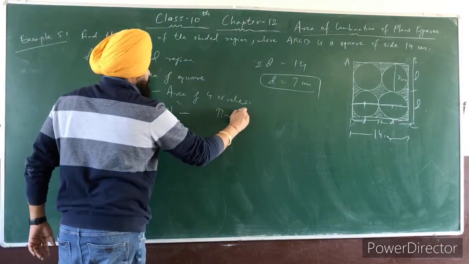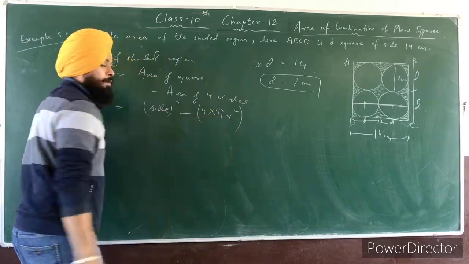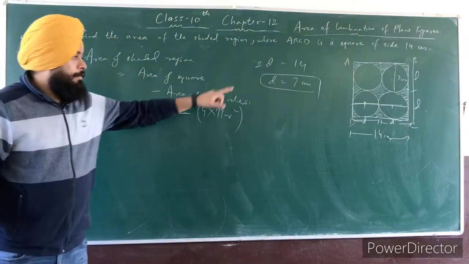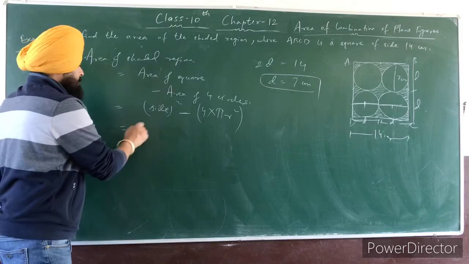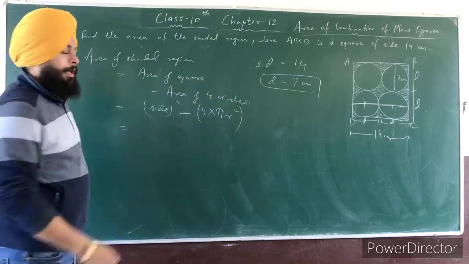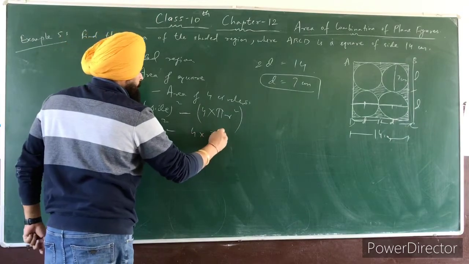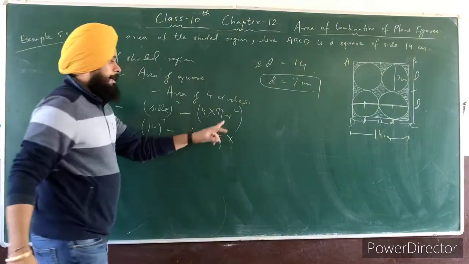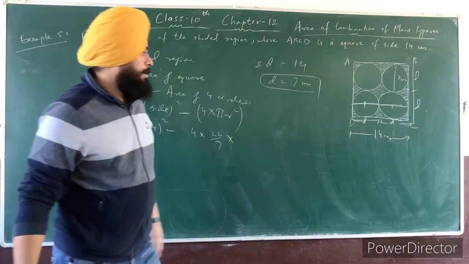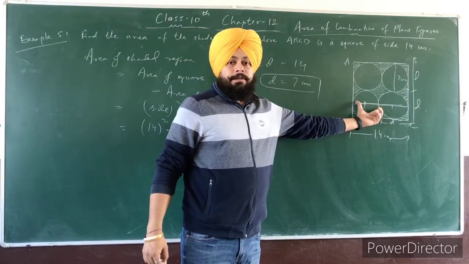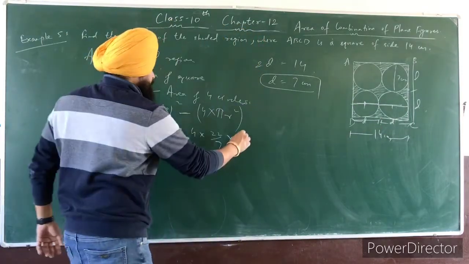So area of circle is pi r square. Multiply with 4 because there are total 4 circles. Now what is the side of square? Side of square is 14. 4 into pi, which is 22 over 7, and the radius of each circle is how much? Its diameter is 7 and radius is 7 over 2.